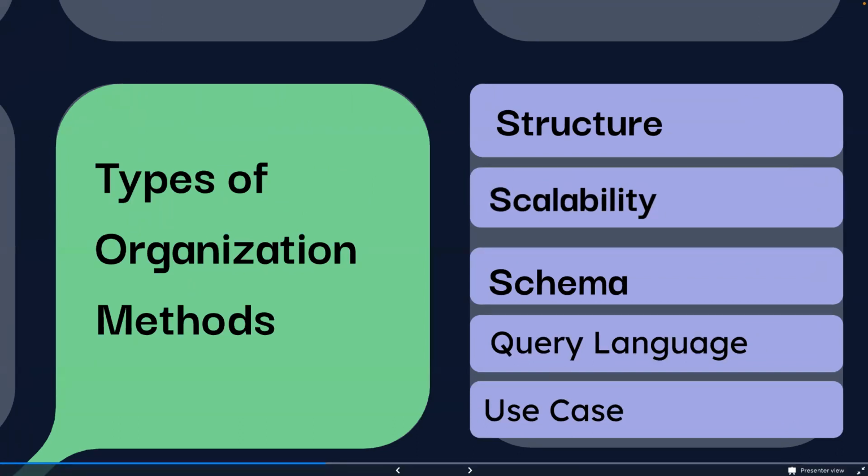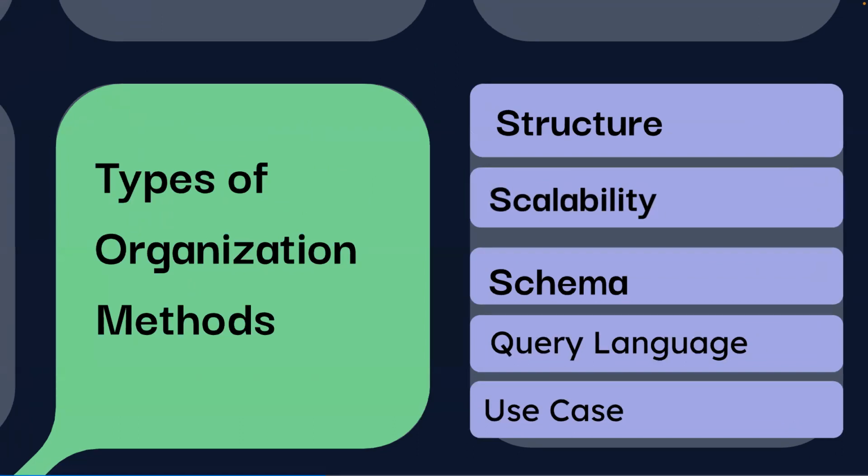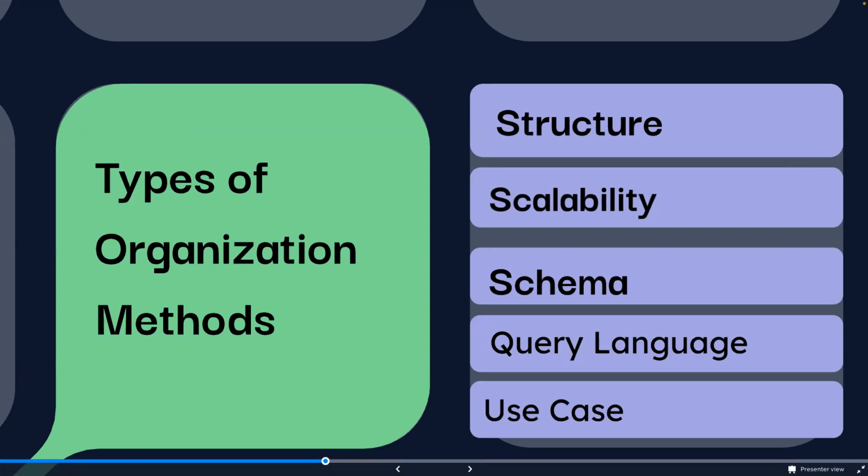Okay, so let's talk about types of organization methods, because this has to do with the different types of databases. So the reason why we have two different types, relational and non-relational, is because of the differences in these roughly five different things here: structure, scalability, schema, query language, and use case.